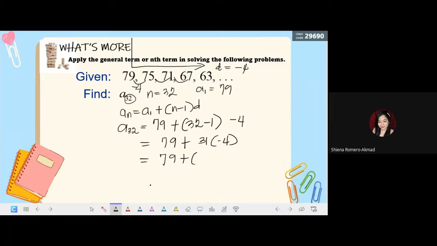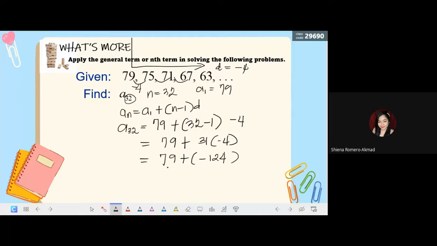Negative 124 po, ma'am. So that's 4 times 30, negative 120, plus negative 4, negative 124.